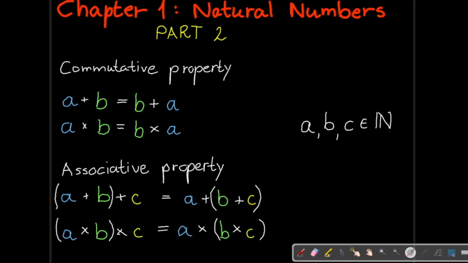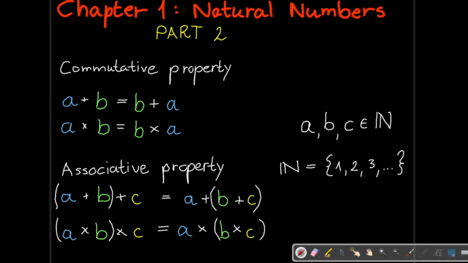So the set of the natural numbers contains numbers 1, 2, 3, and so on. So these are the numbers we use to count things.